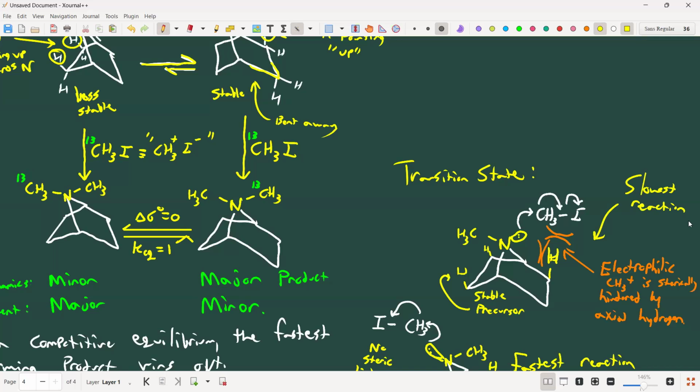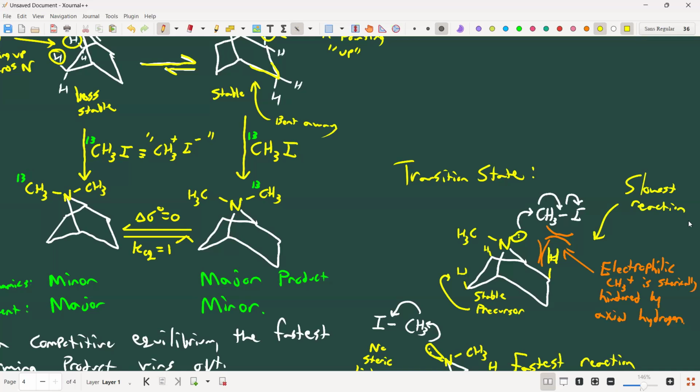And we're going to slowly build up more and more of these over time because they're more likely to form. As I start to run out of the less stable material, the equilibrium will bring more material back to me. As I lose the less stable precursor, Le Chatelier's principle says the stable one is going to isomerize over to maintain that ratio of starting materials. So I constantly have a free source of the less stable isomer that reacts very, very quickly. And not surprisingly, that's the product that I see in my reaction.